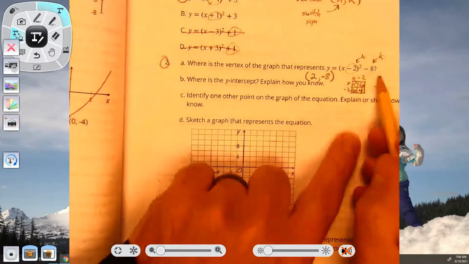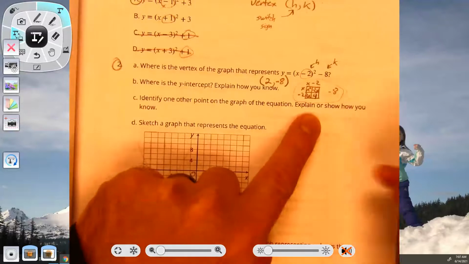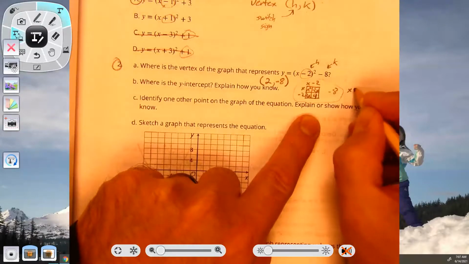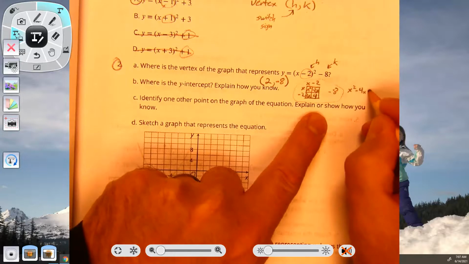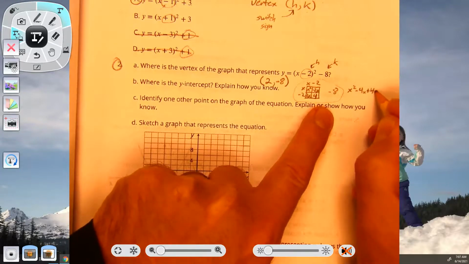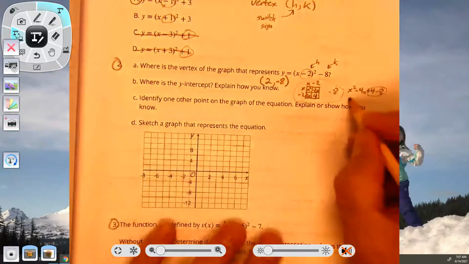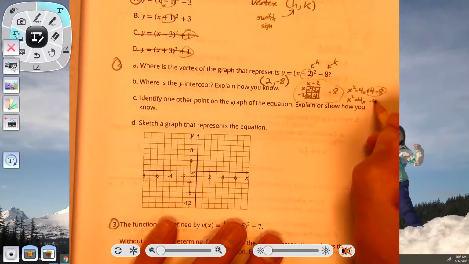If I write all this out in one equation, that turns into x squared minus 4x, because I combine -2x and -2x, plus 4 minus 8.